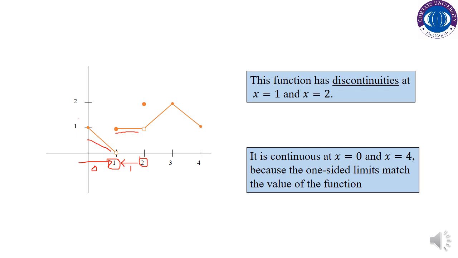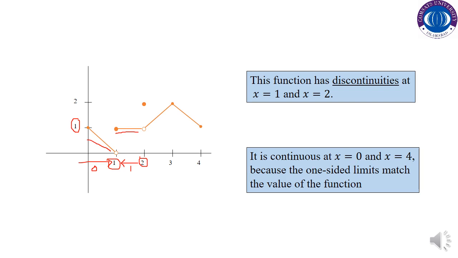So the left hand limit and the right hand limit are different, so the limit at 1 does not exist. At that point, the second condition of continuity fails. So this function is discontinuous at point 1.